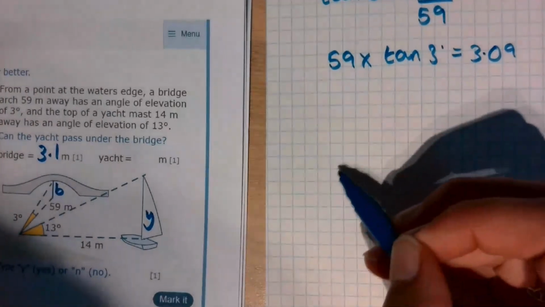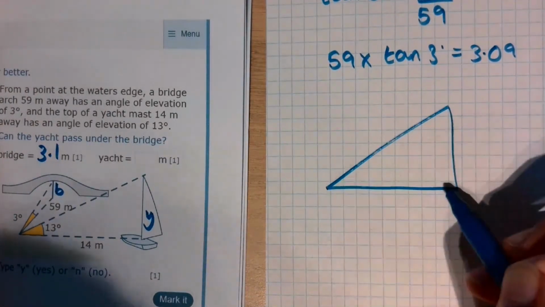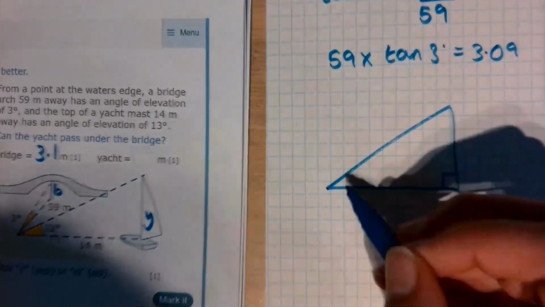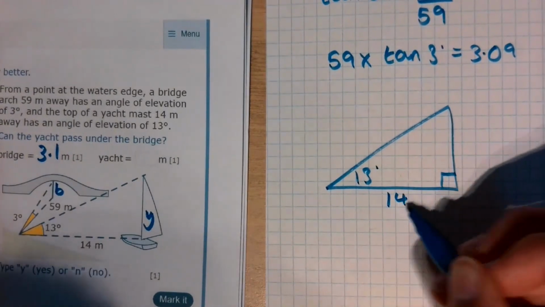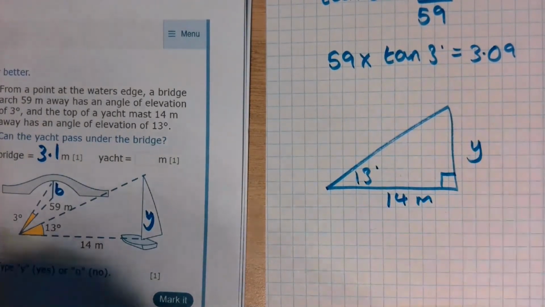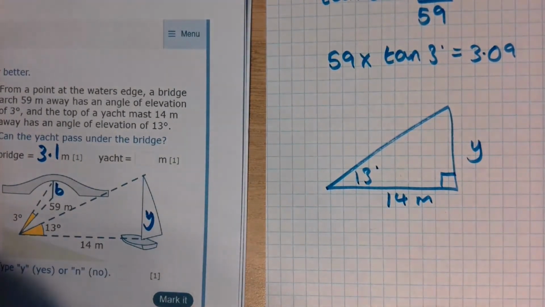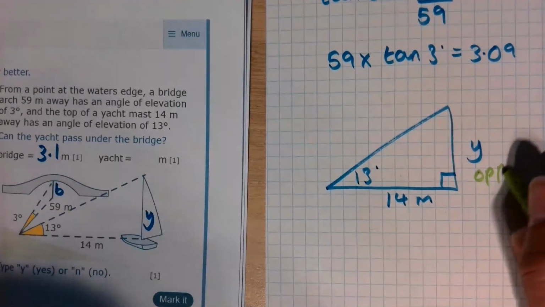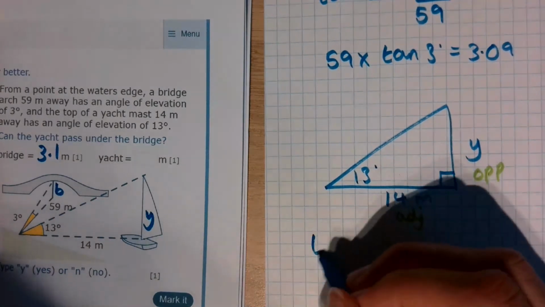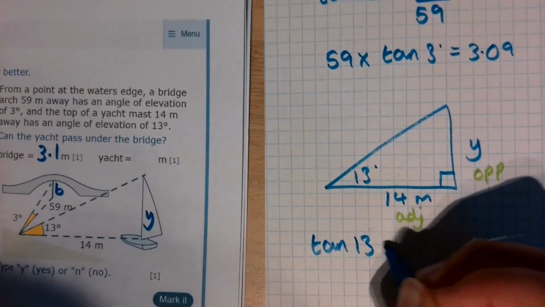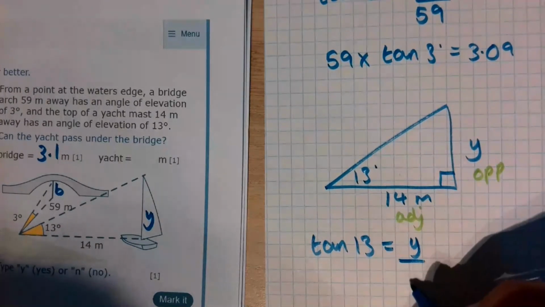And then my yacht. 13 degrees this time, so we're looking a bit further up, 14 metres for that, and we want to find Y, the height of the yacht. Again, we look at the opposite and the adjacent, which means we're using the tangent ratio. Tan 13 equals opposite over adjacent.